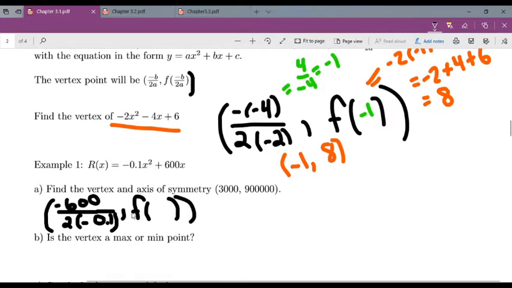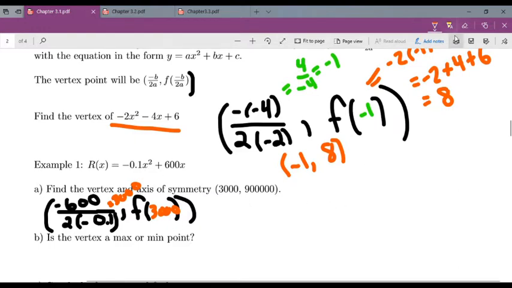Which kind of hints at what the f of it will be. So what I need to do here is I simplified that to 3,000, which is the same thing as what that equals. Okay. Now I need to plug 3,000 into this equation. Okay.